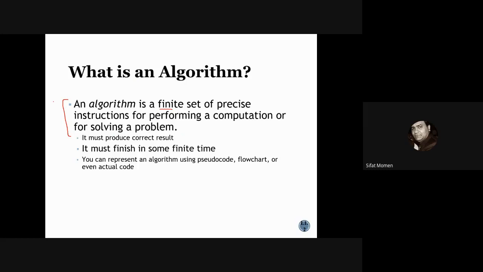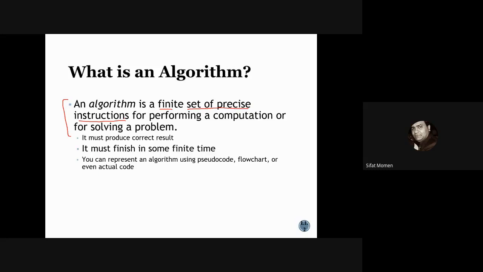When you look at this definition, you see there are some properties that an algorithm has. First of all, an algorithm comprises a set of precise instructions. So you have got instructions, step 1, do this, step 2, do that, and so on. And what is the purpose of this set of precise instructions?